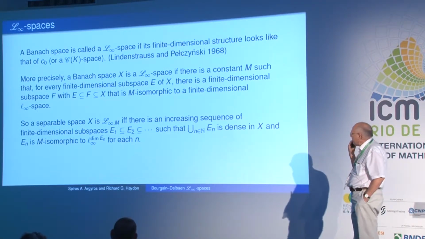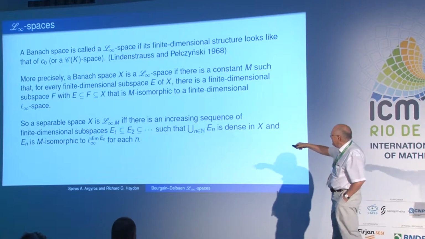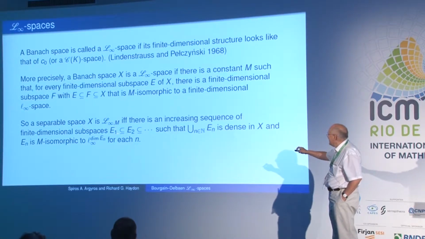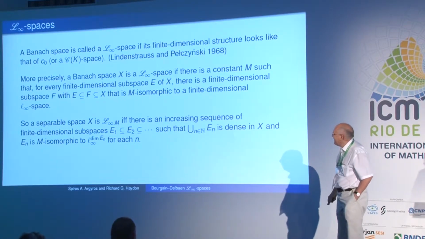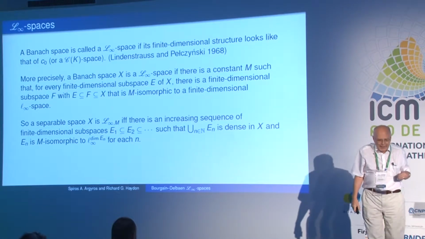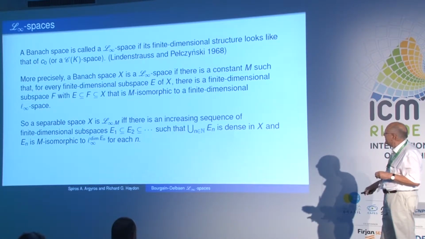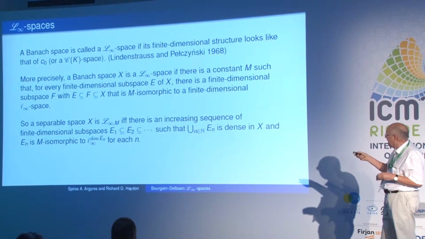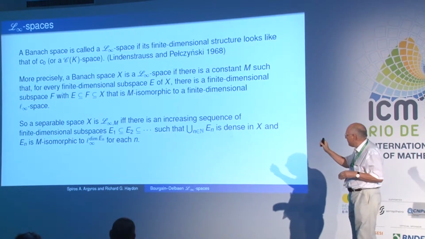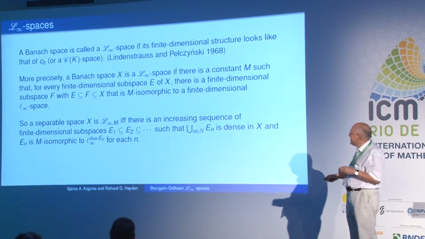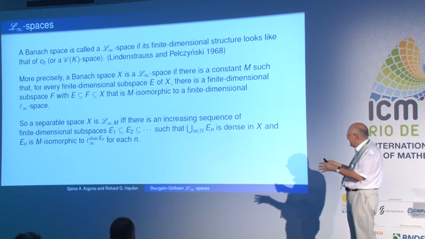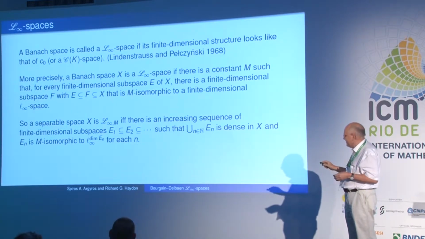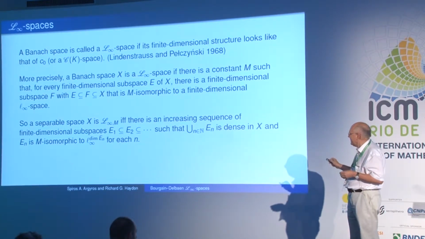So here we are. We have embeddings like E1 into E2, and this makes us interested in what are nice embeddings between finite dimensional L infinity spaces.